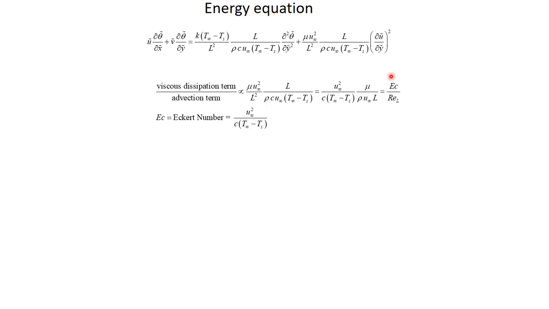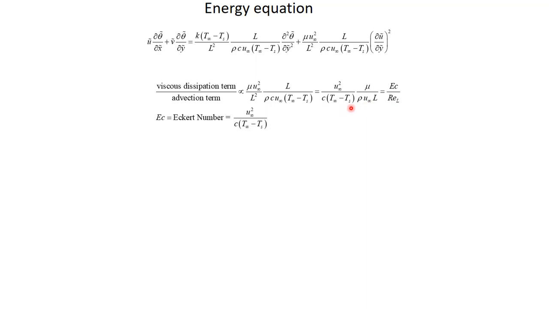But if you're ever in a situation where this parameter, Eckert number over Reynolds number, is large relative to 1, then you are in a situation where viscous dissipation is pretty important. It's as important as the advection terms, right? So this is a way for you to figure out how important viscous dissipation is for your problem.